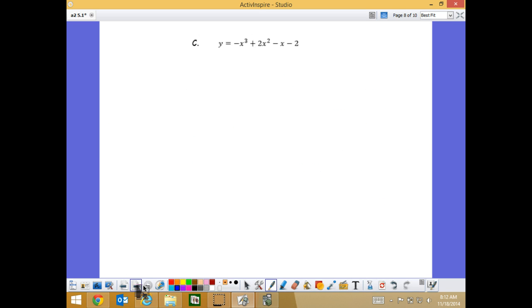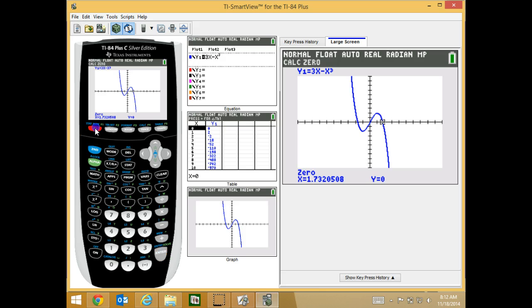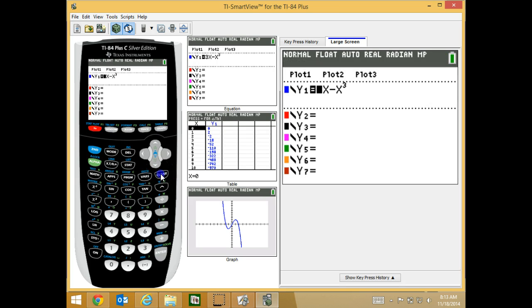Now, with the next graph, I will quickly sketch the x and y axis. So it is -x cubed plus 2x squared minus x minus 2. I will try to remember that as I enter it onto my calculator. So I will go to y equals. Here we go.